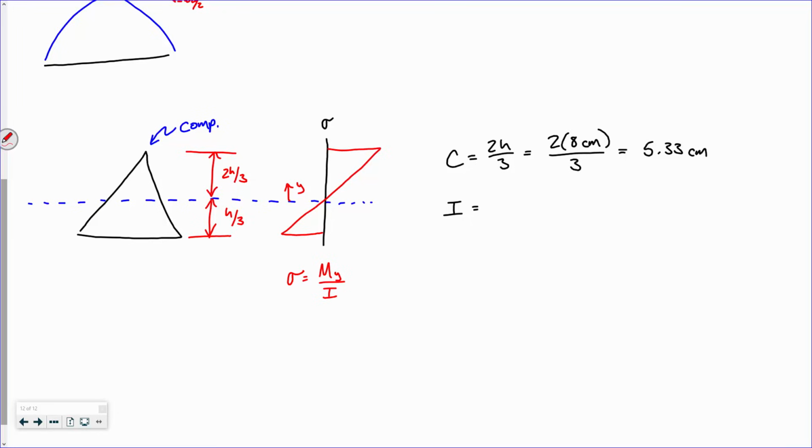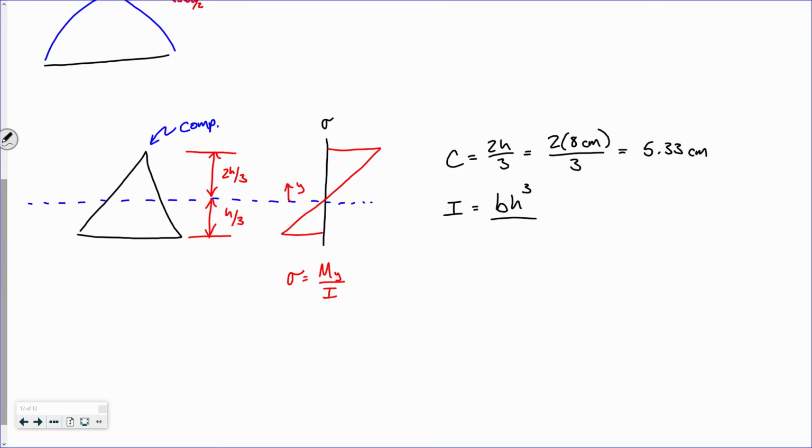Sound good? Okay. Now, our moment of inertia for a triangle is what? That's where the manual comes into play, in the statics section on page 69. Since all of them are referencing from the centroid, it really doesn't matter which one you use because they're all the same.